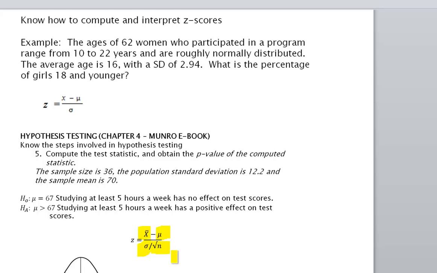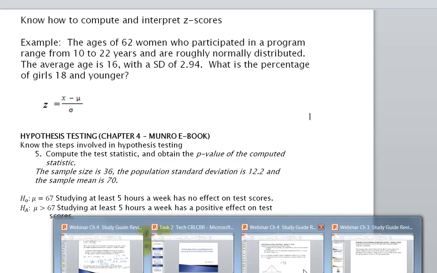So different formula, different thing that we're looking for. We're using this z-test statistic to interpret the hypothesis test to say whether we reject or don't reject the null hypothesis. Here we're getting a data point or looking for a percent or something like that. So two different things.